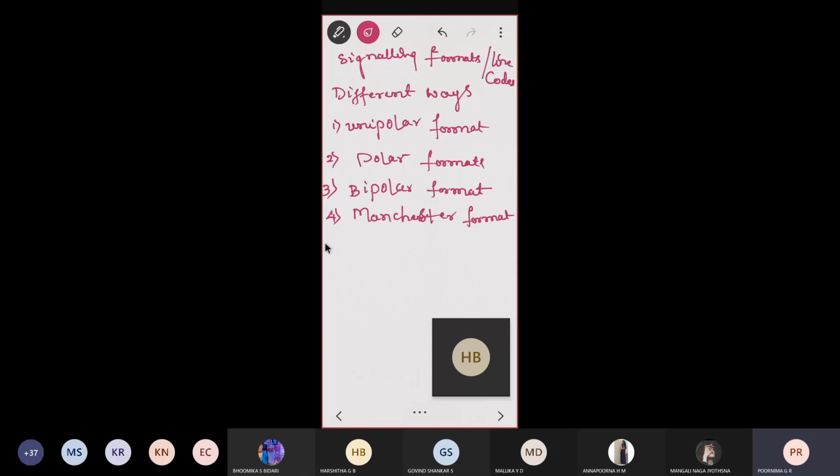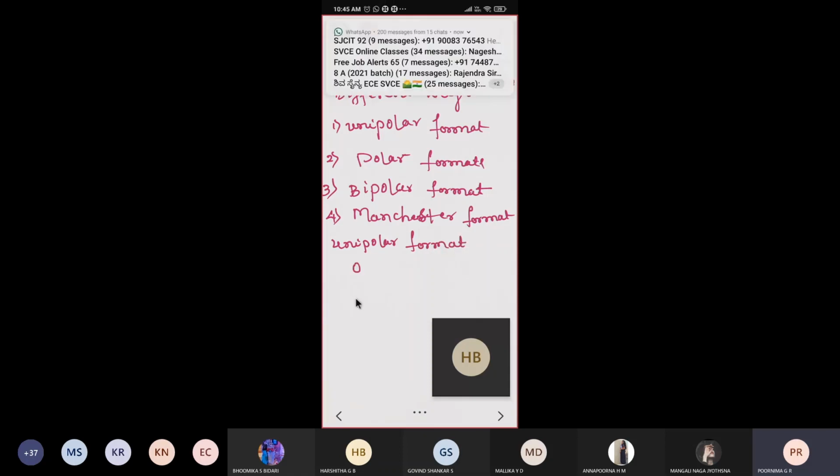Let us take the first one, unipolar format. In this, the symbols we are going to consider are 0 and 1 only.